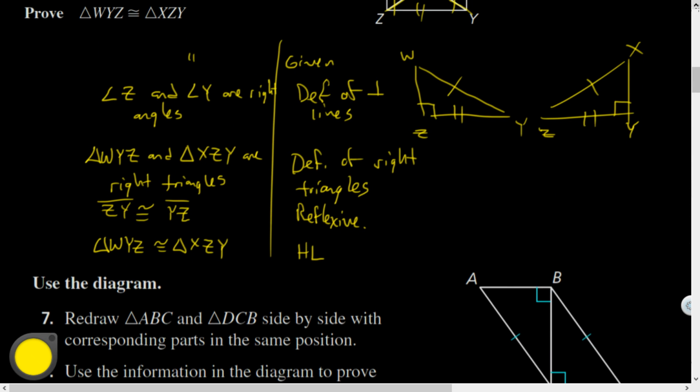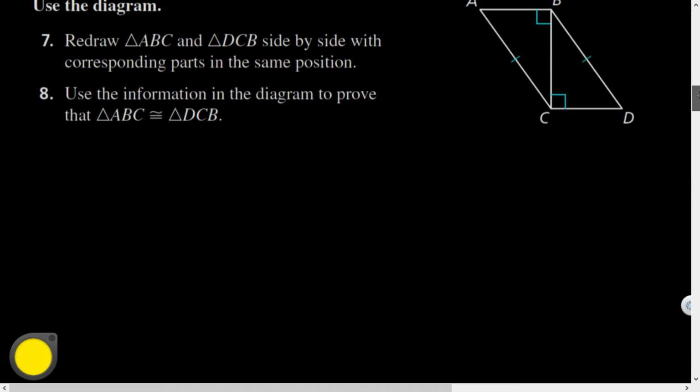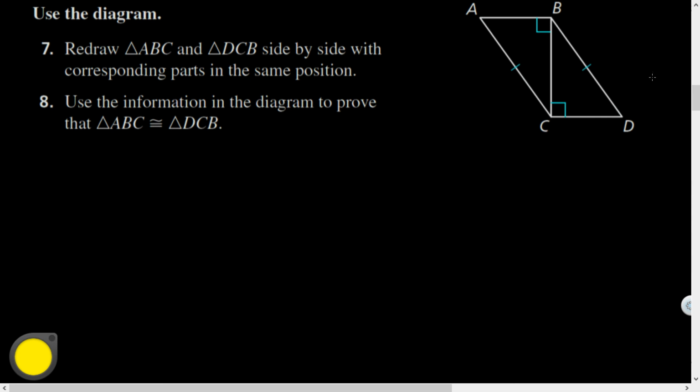So, there we go. Good old hypotenuse leg. All right, we good? All right, use the diagram. There's a diagram. I know I skipped example 4. I'm fine with that. Redraw triangles ABC and DCB side by side with corresponding parts in the same position. So imagine, what if I rotate this guy?